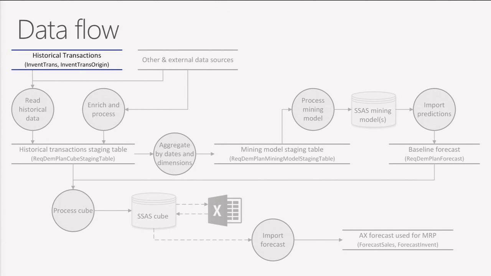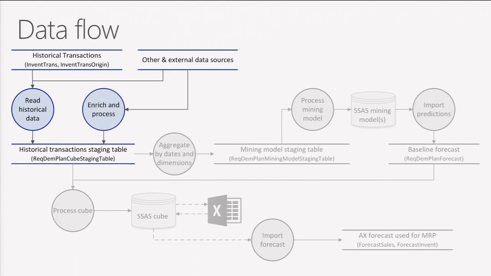So this data is read into the cube staging table. And this is the table that is the part of the demand forecasting solution. So basically the part of the inventory transactions are read into the cube staging table. After this is done, the data is further enriched.